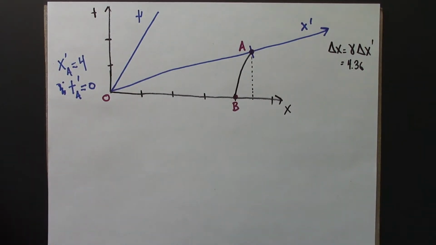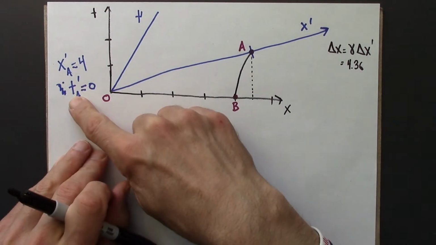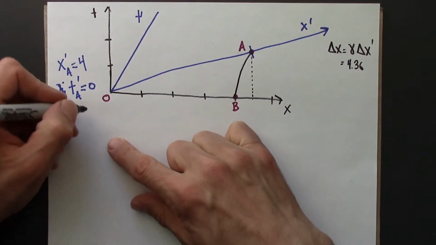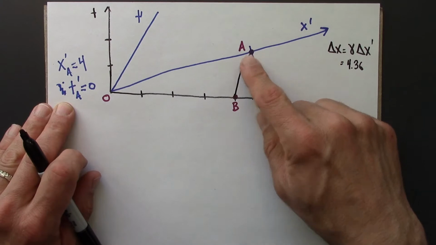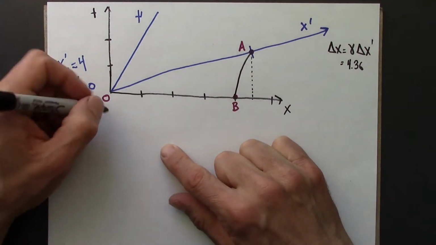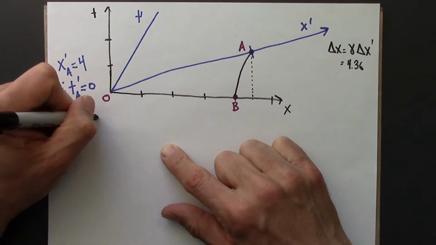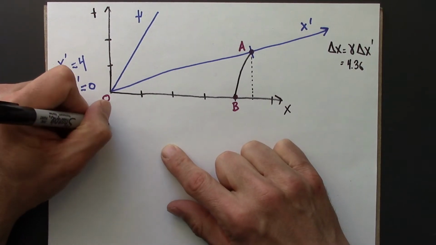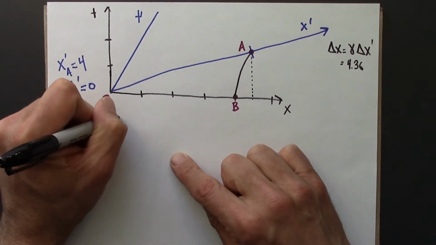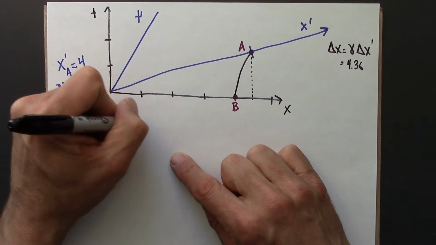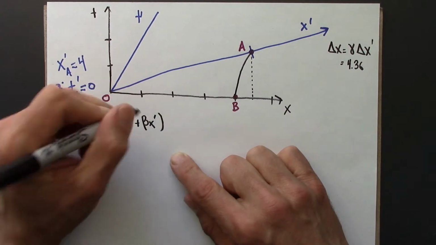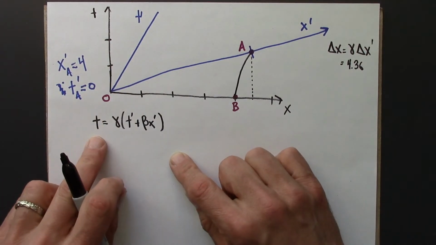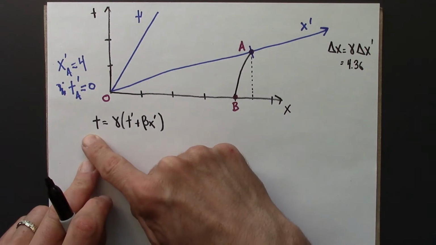All right. So in particular, I'm going to need the time coordinate for event A in the unprimed frame. So we're going to use the Lorentz transformation for t. So this lets us translate from the primed frame into the unprimed frame.